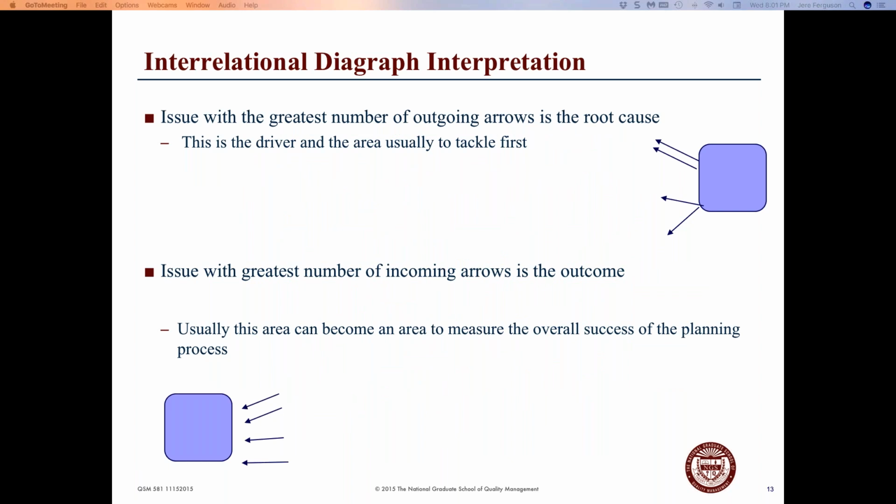So relationship mapping allows you to attempt to analytically determine what your root cause is and where the areas are that you can most readily measure that will allow you to measure success and see whether or not the plan is getting better.